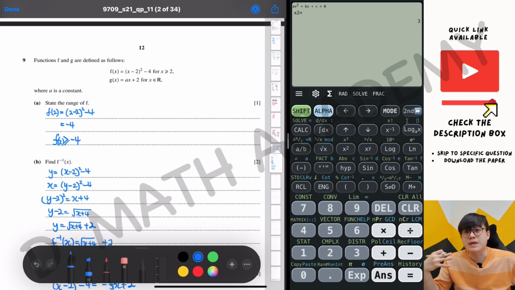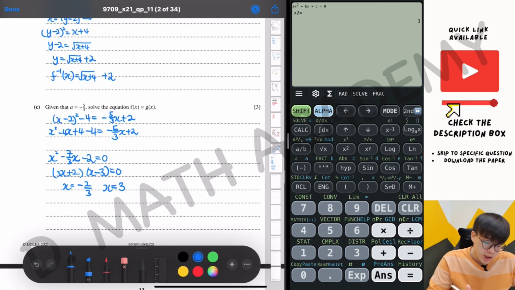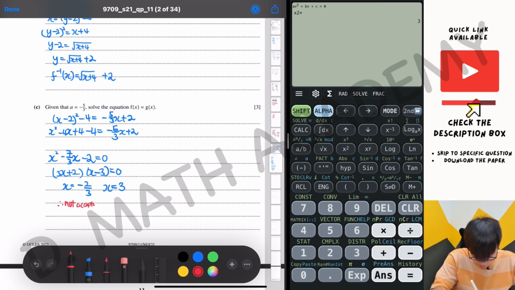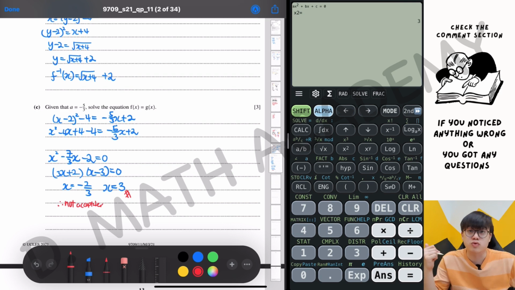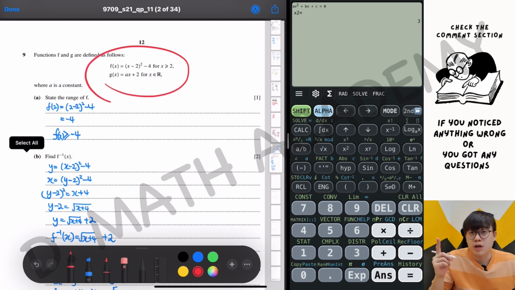They say that x must be equal to 2 or more than 2. So over here, this one is not acceptable. So the only result will be x equals 3. So always when you check, make sure you refer back to the range that was given to us.